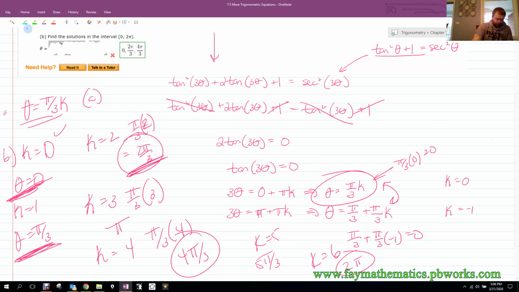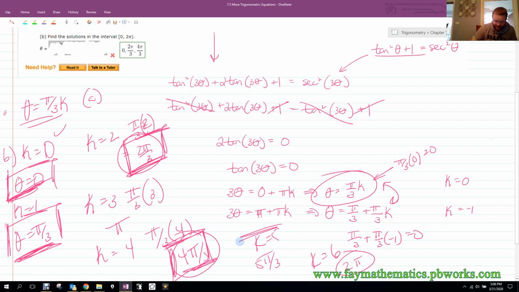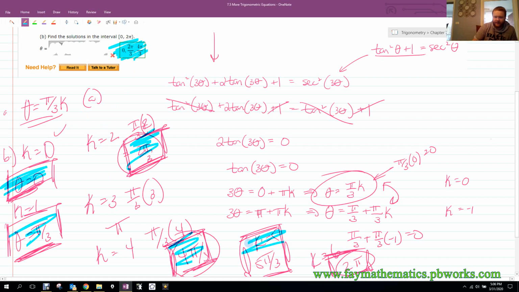Now, if you see here, and this is where I think some people are getting stuck, let's put boxes around all these options. We just found 1, 2, 3, 4, 5, 6. Those are all between 0 and 2 pi.